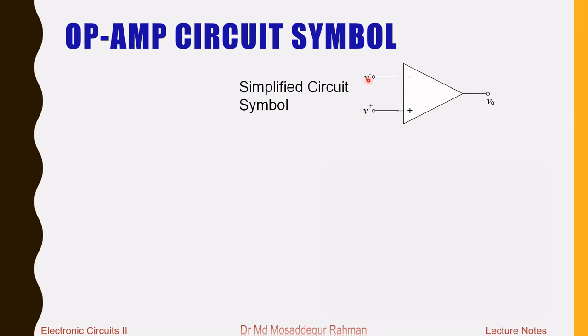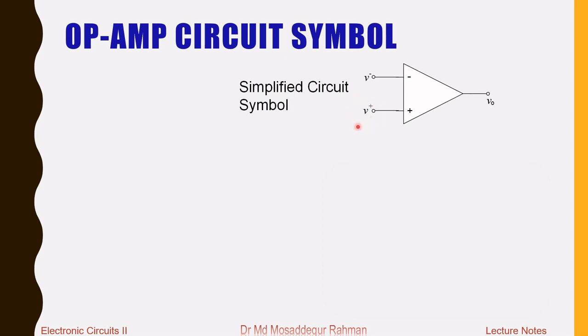One is the inverting input terminal, where the voltage is denoted by V minus. Minus doesn't mean a negative voltage, it just shows that it is applied to the inverting input terminal. That's why it has a minus sign. And at the non-inverting input terminal, terminal 3, you have the plus, and the voltage applied to this terminal is indicated by V plus.